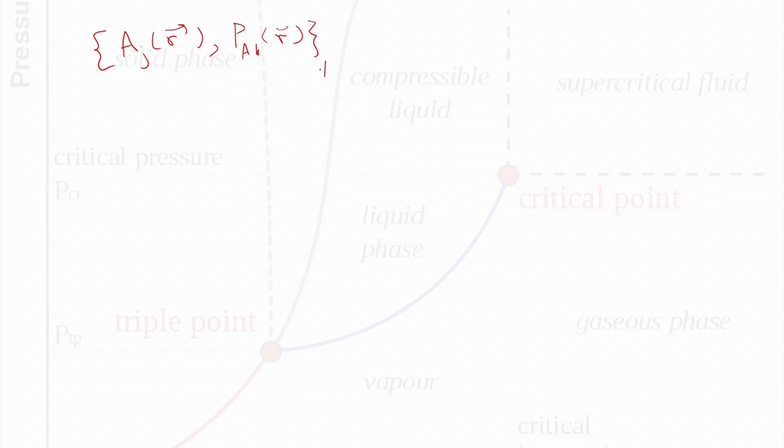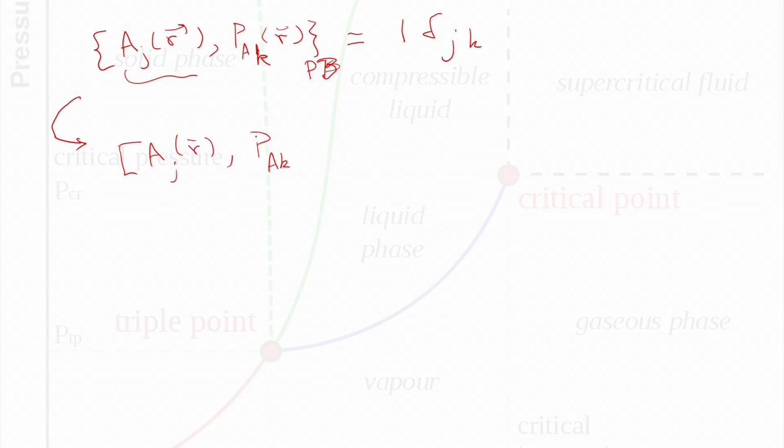So, this is the classical Poisson bracket, and that is basically going to be 1 with a delta jk there. So, this is the kth component of the canonical momentum, and this becomes the canonical position, as it were. Now, quantum mechanics allows us to have a corresponding quantum description of the system, and the way you do that is you promote the Poisson bracket to the commutator, and you end up writing this.